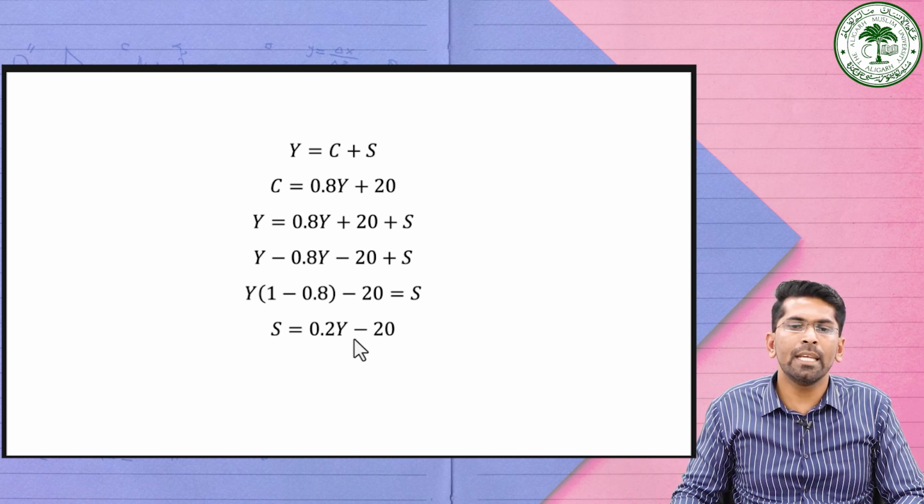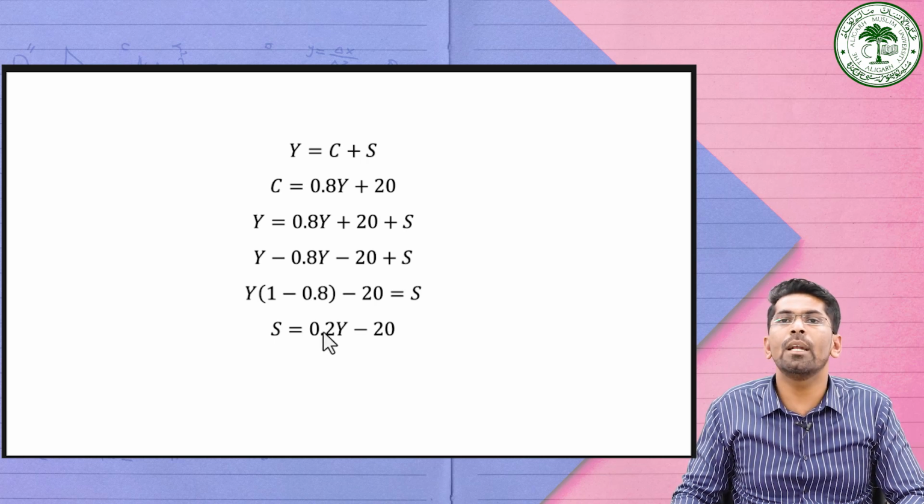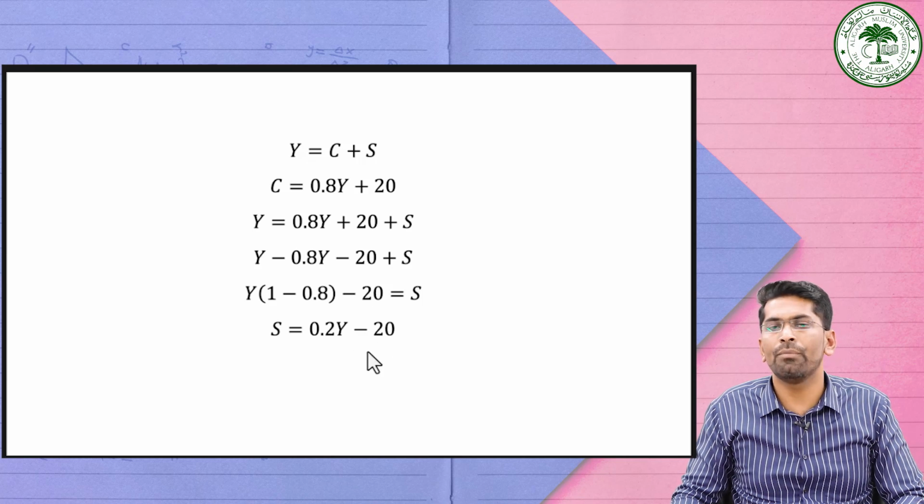So this is the saving function, 0.2y minus 20. Here 0.2 is nothing but the marginal propensity to save. In this way we can derive the saving function.